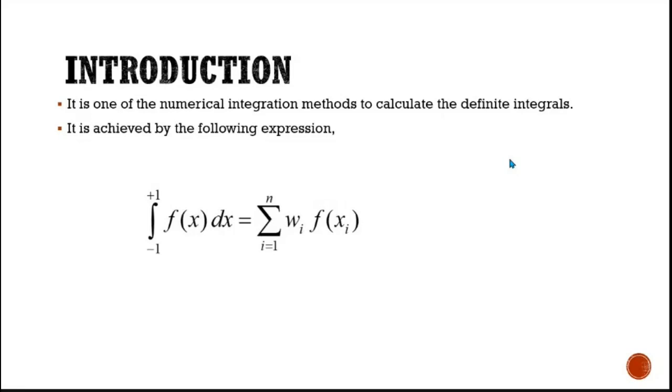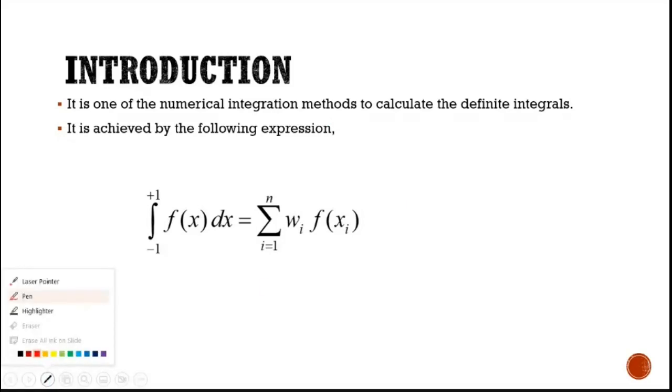This is a method used for integration. Whenever you have a function, I'm going to use a summation from 1 to n, multiplied with the weighted function along with the terms related to that. It is shown here.